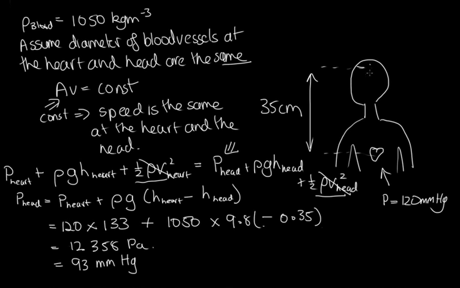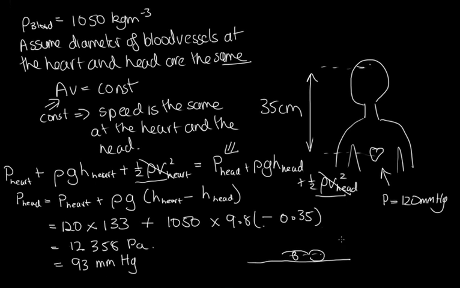So the pressure at your head is lower than the pressure at your heart, as you'd expect, because there's some drop in pressure to do the work to pump it up there, and so the pressure up here is equal to 93 millimeters of mercury. And so when you faint, your head and your heart are at the same height because you're generally lying horizontal on the floor.